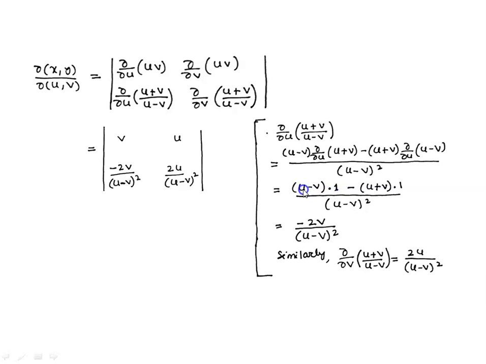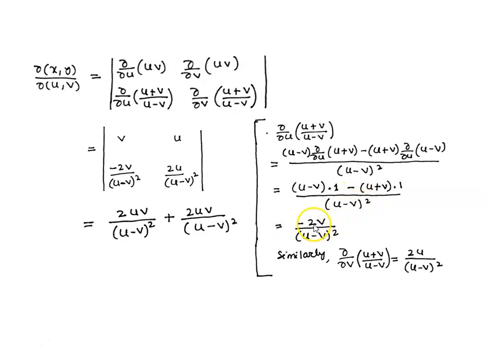So we have in the first term u minus v into 1. Similarly, in the second term, we have the partial derivative of u minus v with respect to u. Here v is a constant, so it becomes 0. Now the partial derivative of u with respect to u is 1. So the second term becomes minus u plus v into 1 divided by u minus v whole square.